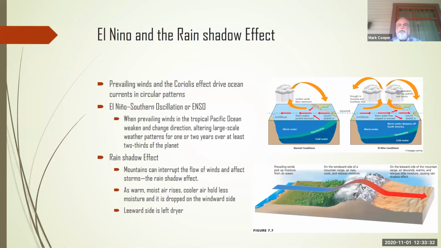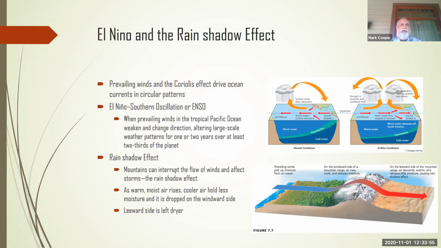As those clouds rise, they start dropping water on this side of the mountain range. As the air gets up and over the mountains and starts to drop, it warms again, which lets it hold more moisture. So very little rain will drop on the other side.